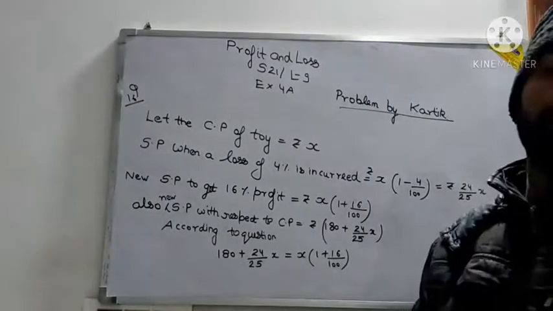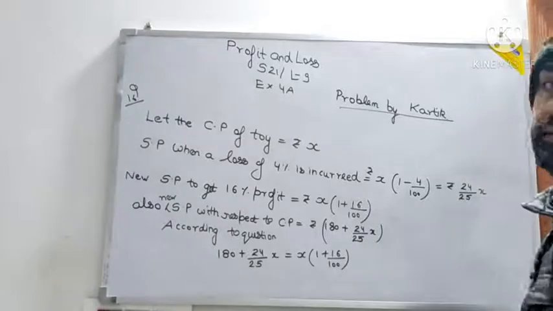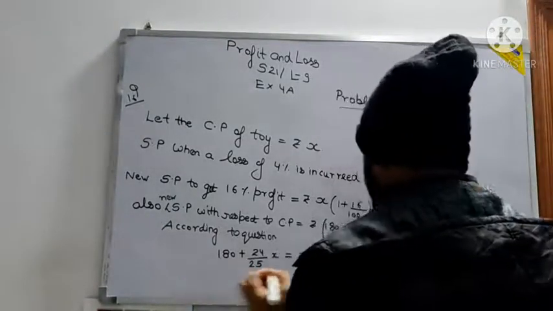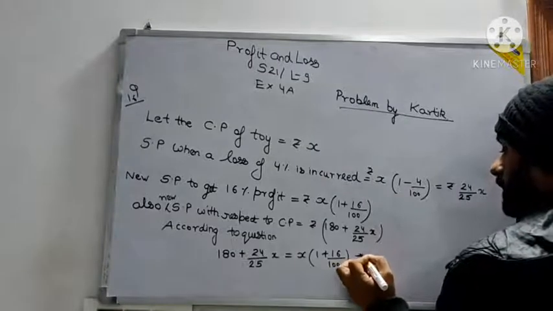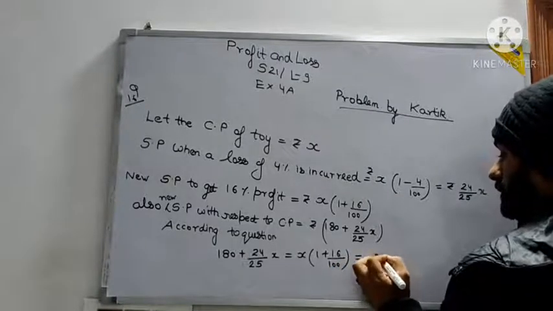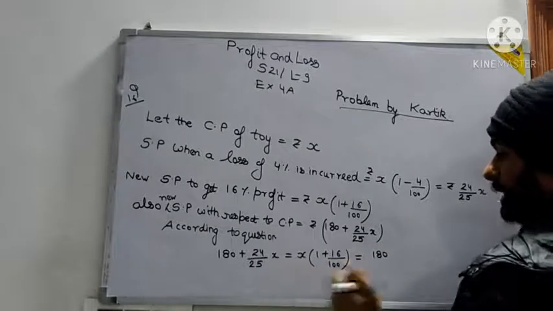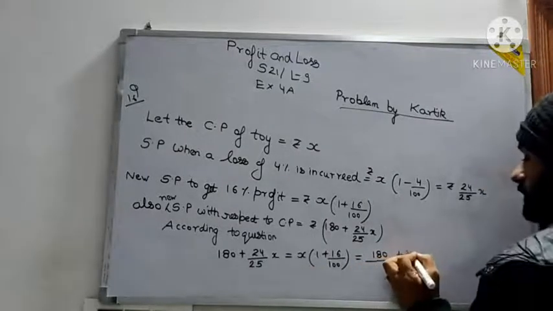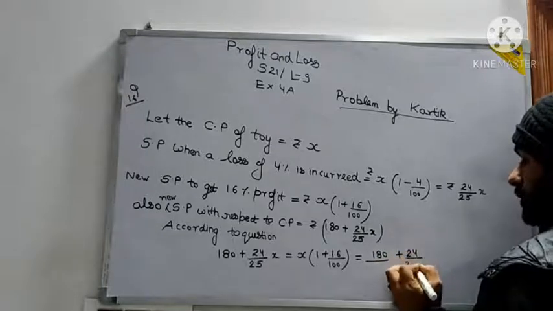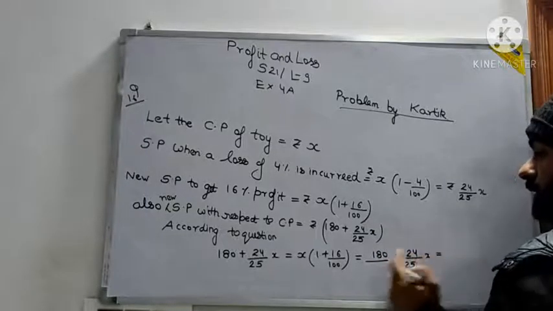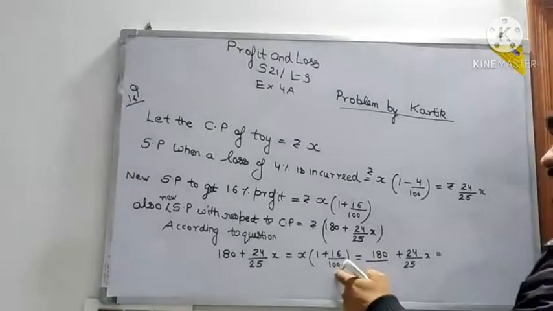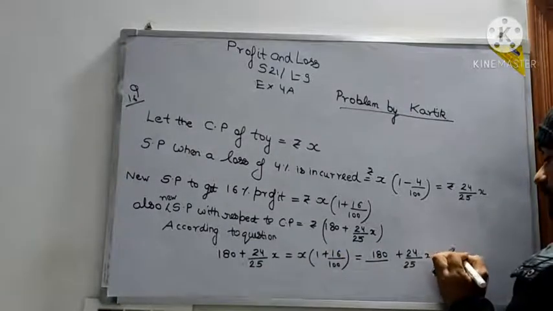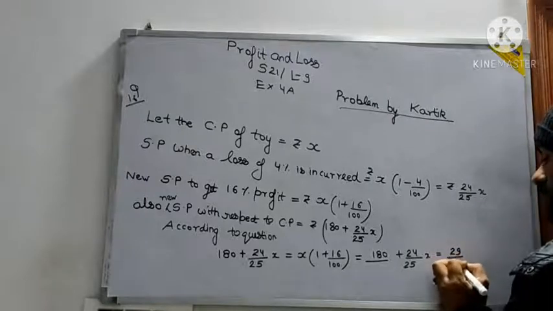See, these are fractions you can add. This is class 6th part, how to add a fraction. So I am moving ahead. It is equal to 180 plus 24 by 25x. So 4 by 25, 25 plus 4, 29 by 25x.